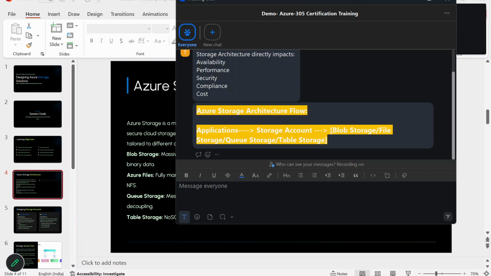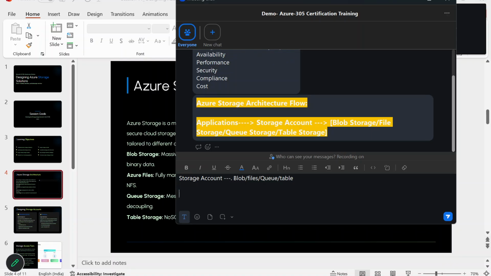The architecture diagram flow starts from the storage account, then goes to blob, files, queue, and table.